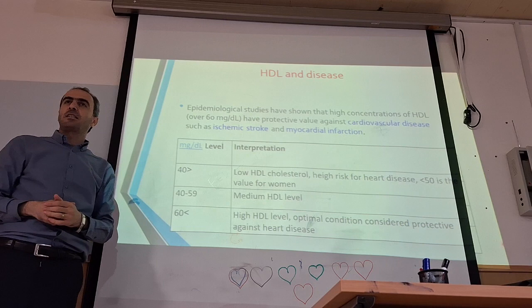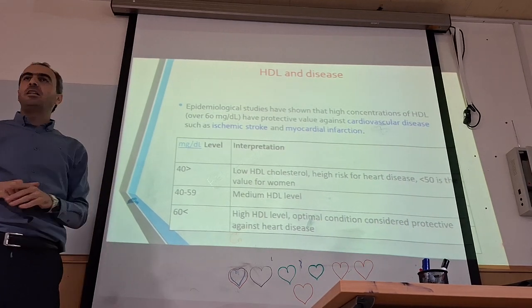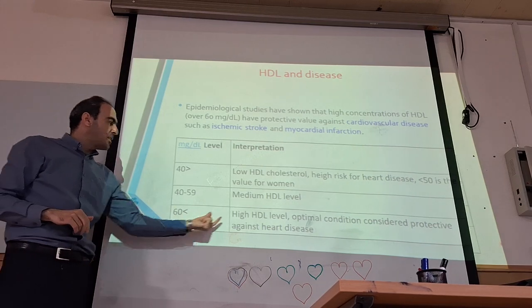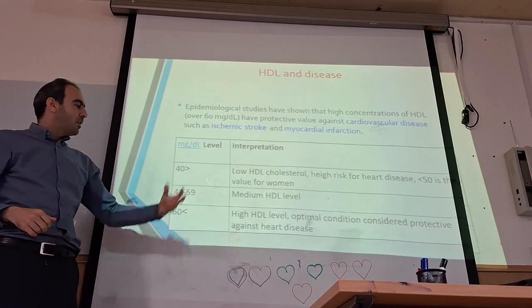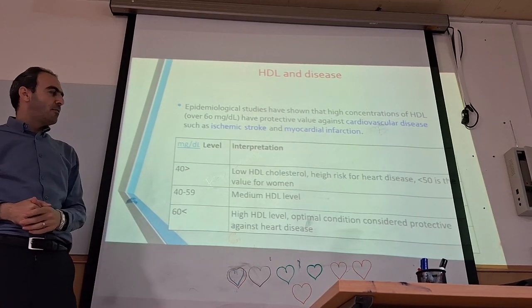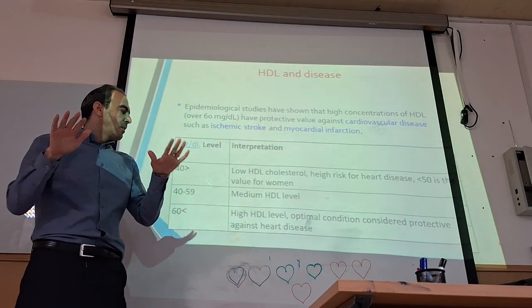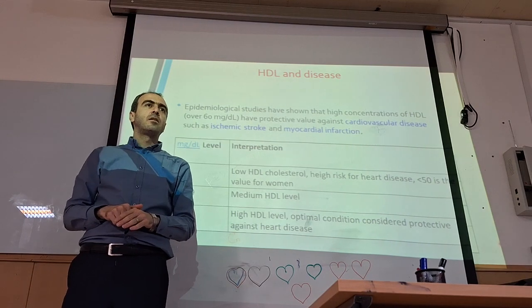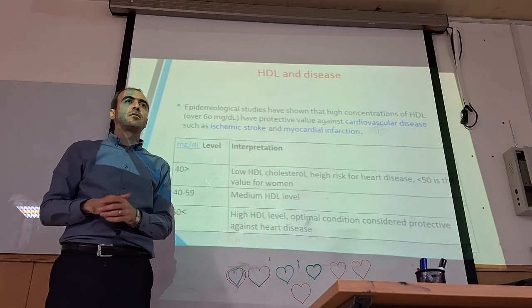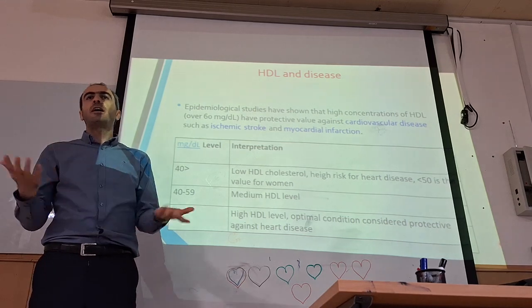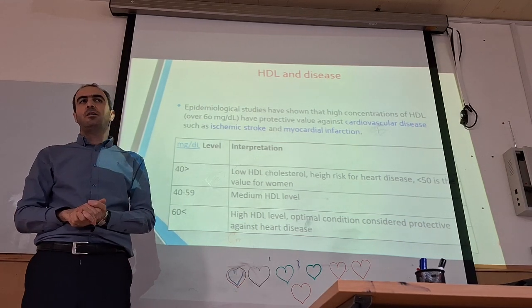Between 40 and 60 is a medium, normal HDL level. And more than 60 is desirable, a high HDL level, optimal condition and lowest risk of atherosclerosis. So the higher is better.